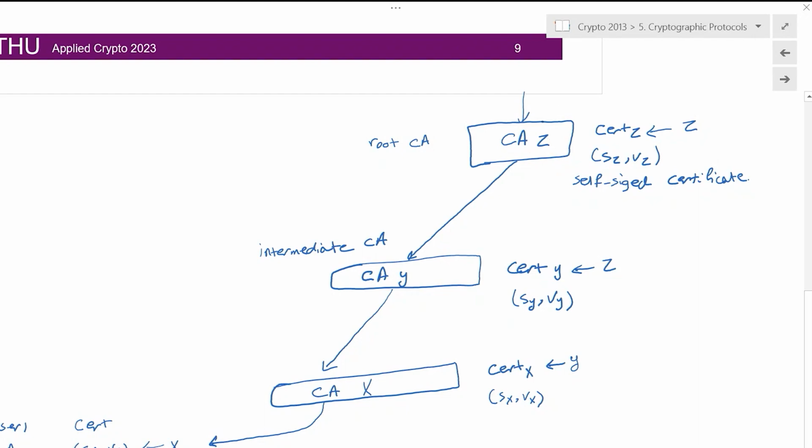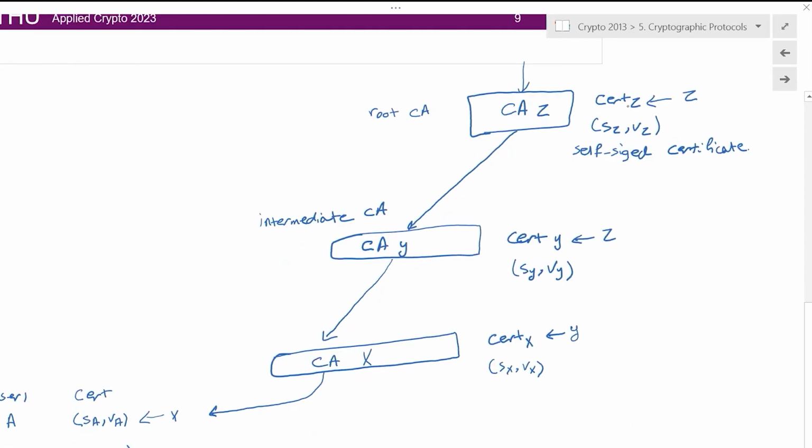So there is no need to go to the top to verify this signature; the signatures are on the bottom of the certificate anymore. But now that you trust this guy, you can use this certificate.